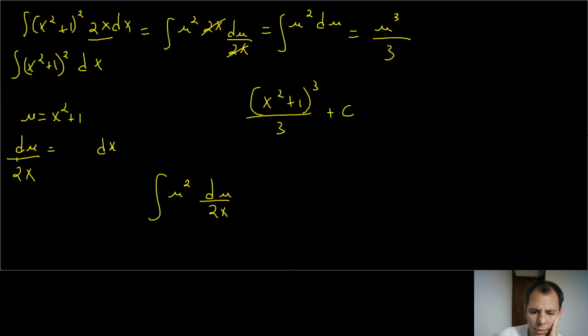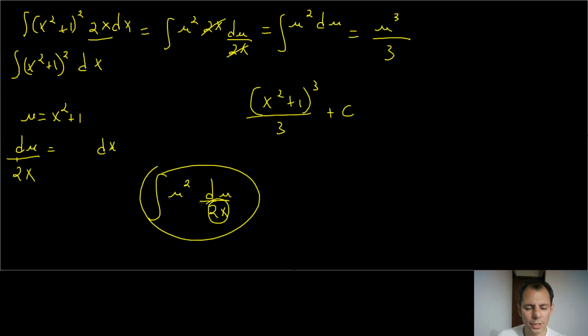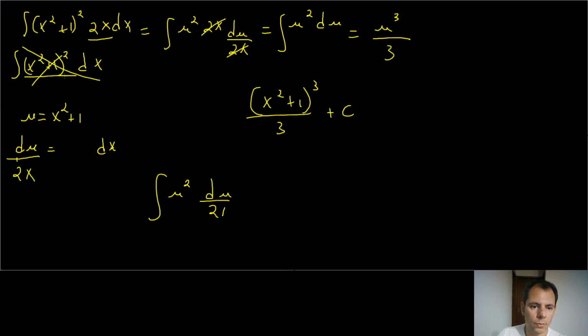But this 2x in here, what are you going to do with it? I mean, you can integrate something in this format, but with this 2x in here, it just doesn't work. You can do this later when you integrate by parts, but so far we're not going to do that.